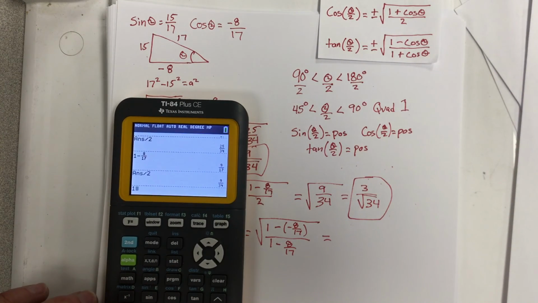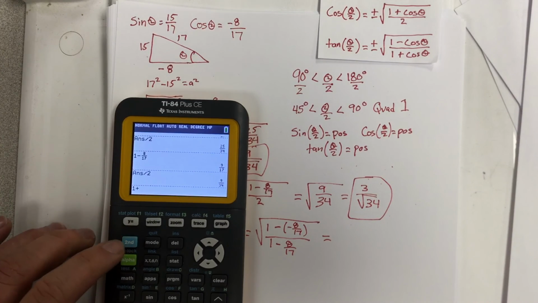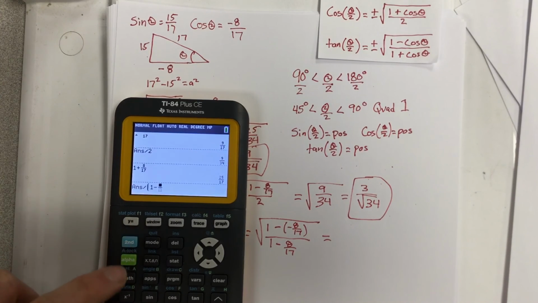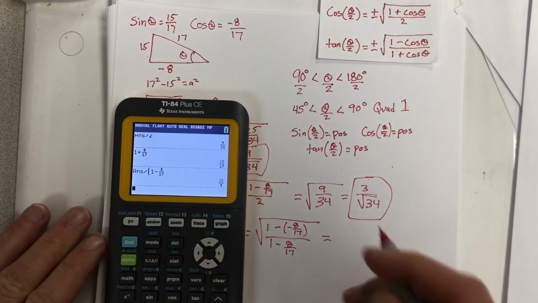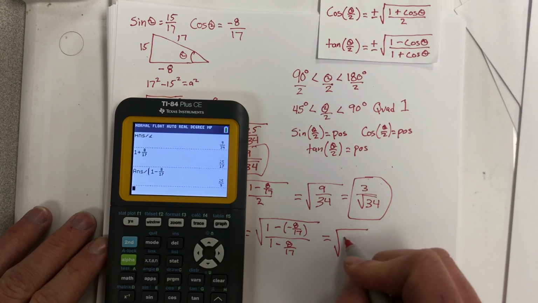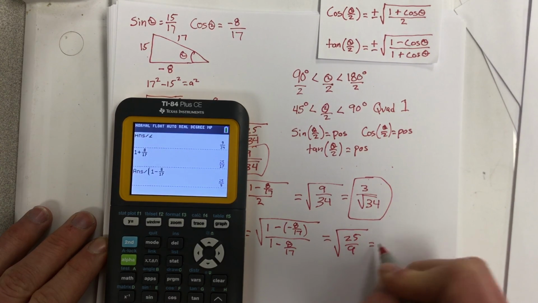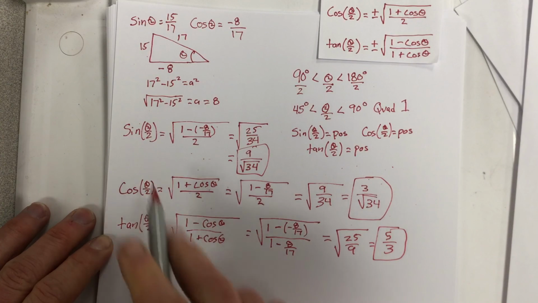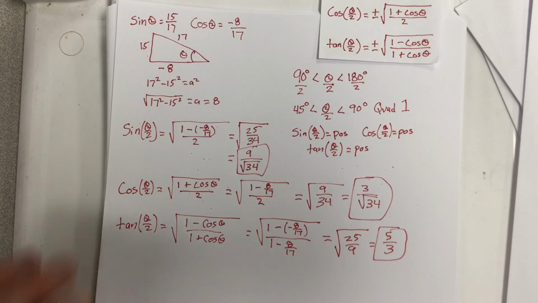I get 1 plus 8 over 17, and I'm going to divide that by 1 minus 8 over 17. And I end up with root 25 over 9, which is equal to 5 over 3. So those are the answers for sine theta over 2, cosine theta over 2, and tangent theta over 2.